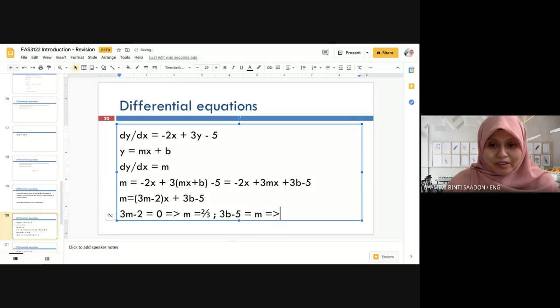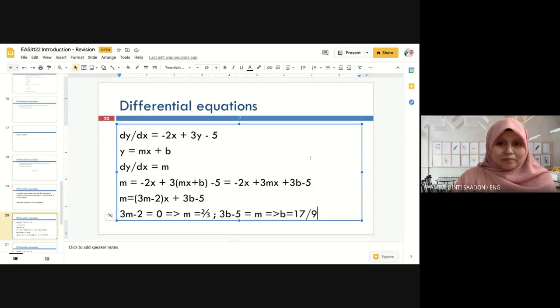And then we already have m, so substitute here, and we have b equals to 17 over 9. So m is 2 over 3 here, and then we solve this one, so we get b equals to 17 over 9.